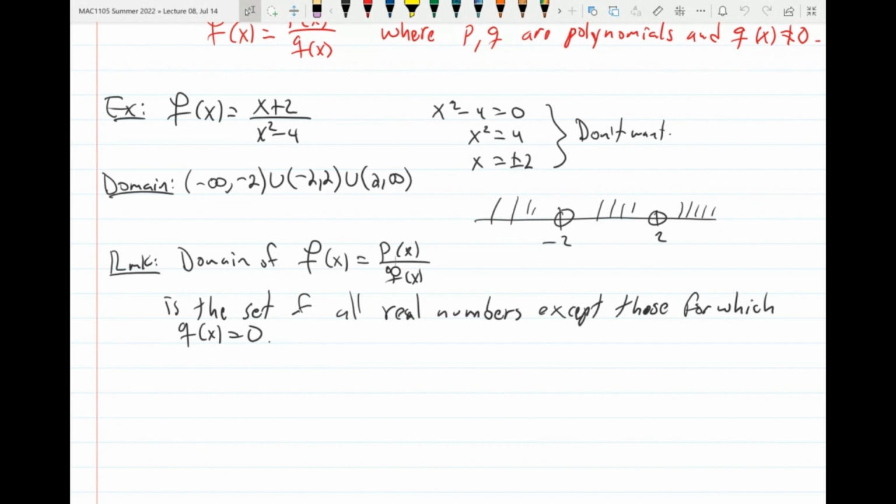Okay? So when x approaches 2, what's the behavior of f? Similarly here, when x approaches negative 2, what's the behavior of f? Do you understand the question that we're trying to ask? Okay. So we write that down.